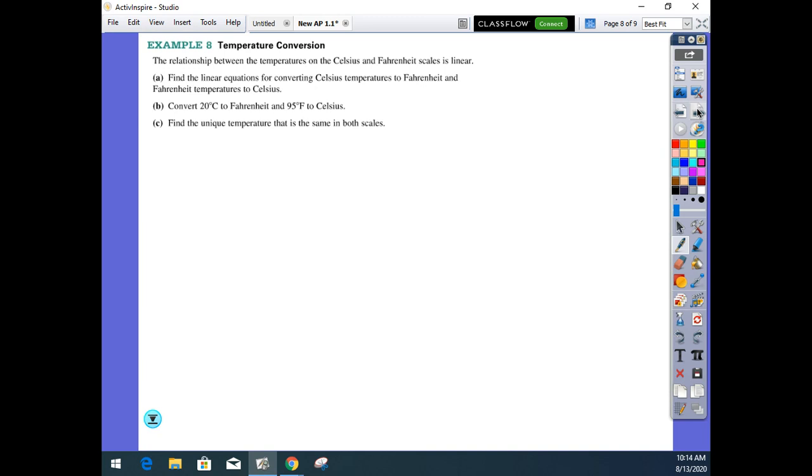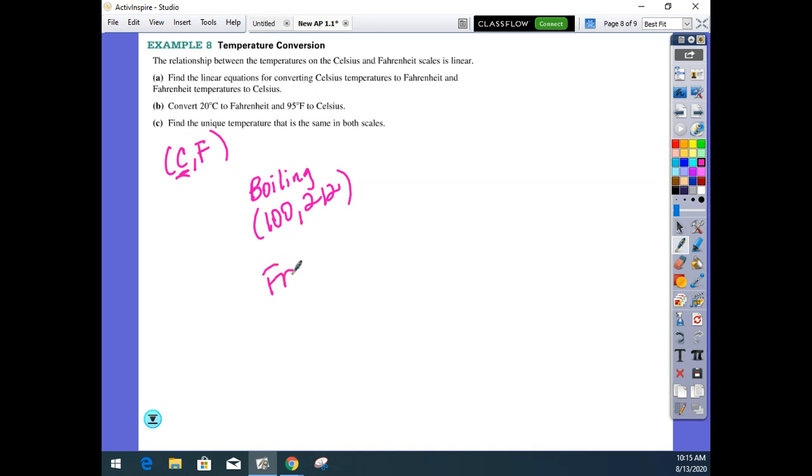All right, so we need to remember boiling water. First of all, I want to find our Celsius value and our Fahrenheit value. Boiling water for Celsius is 100, and for Fahrenheit it's 212.